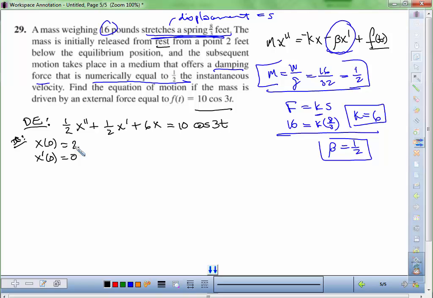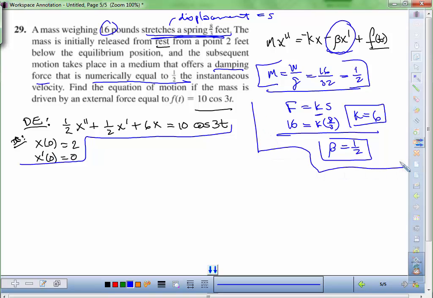Okay, now we're going to solve for this. I suppose we could use variation of parameters and the Wronskian and all that, but doing that is like using a cannon to kill a fly.